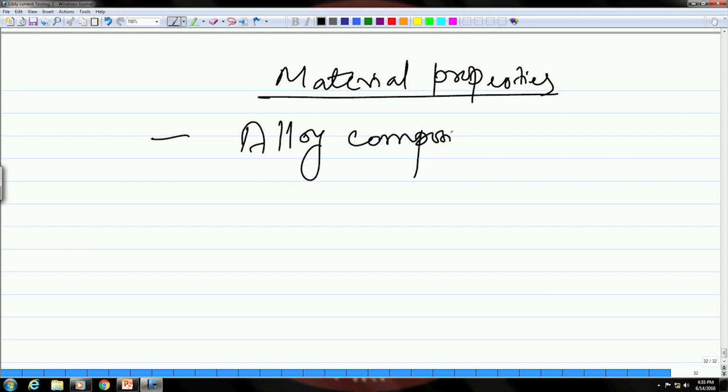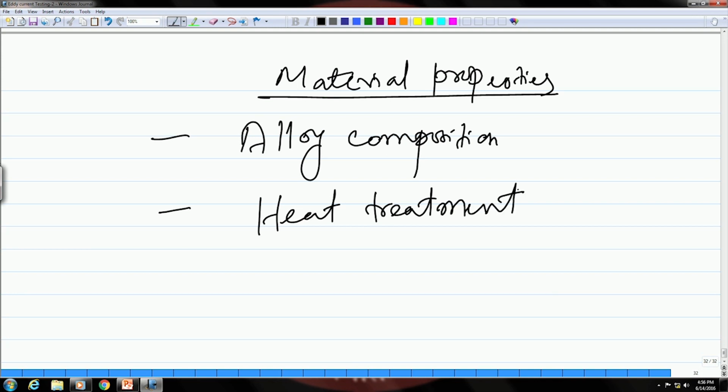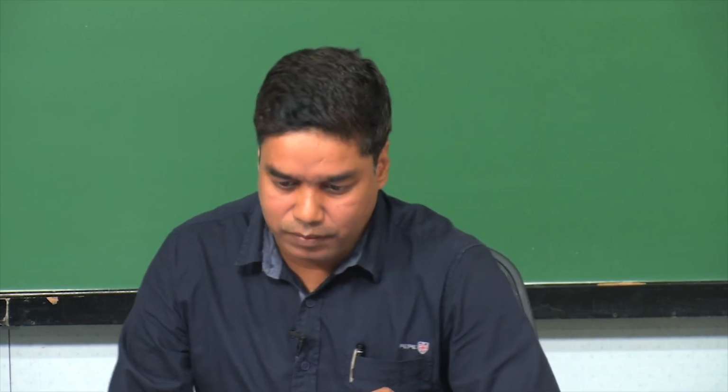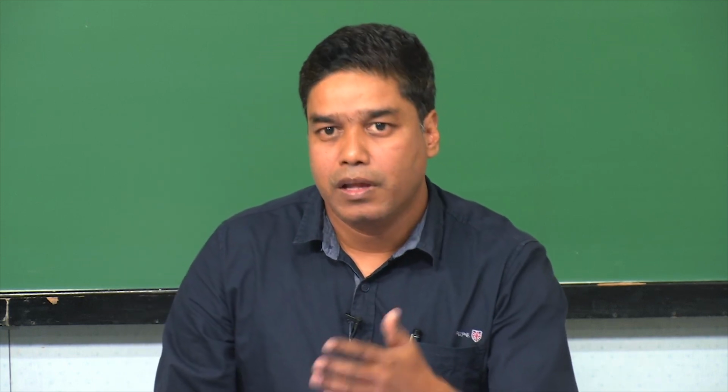the composition or the chemistry of the material. If you have an alloy, different alloys have different properties, including the conductivity, which can vary from one alloy to another. Then many of the parts are subjected to heat treatment to impart certain properties on the surface. So, anything which can change the surface property or the bulk property of the material which is connected to eddy current will affect the results of the eddy current.